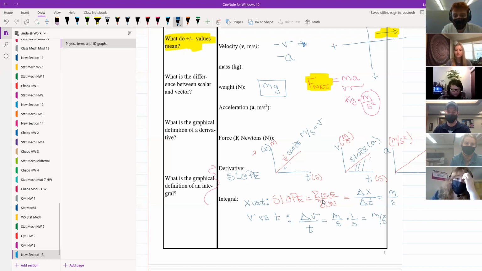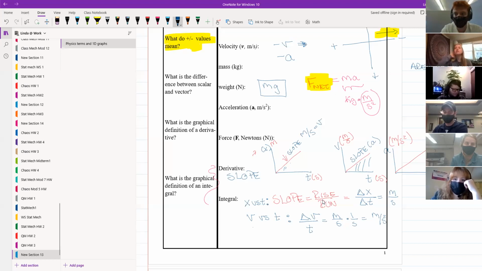Now for this one, let's take a look at the units here. For under the graph, I'm going to have the area under the graph. I'm going to ignore the 1/2 for a minute because that's just the area of a triangle, just so you remember: triangle, 1/2 base times height.